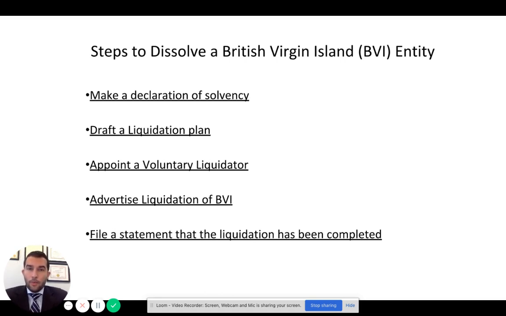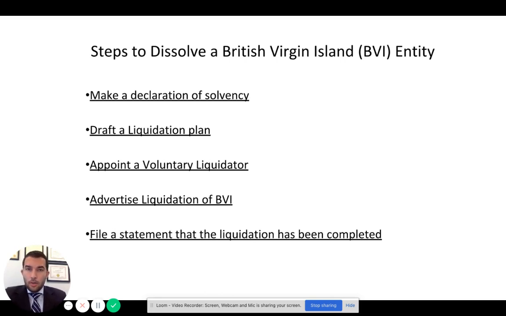Once you appoint the voluntary liquidator, he has 14 days to present and disclose that he's been appointed by the company as the voluntary liquidator and the person in charge of processing the liquidation with the register of companies in BVI.